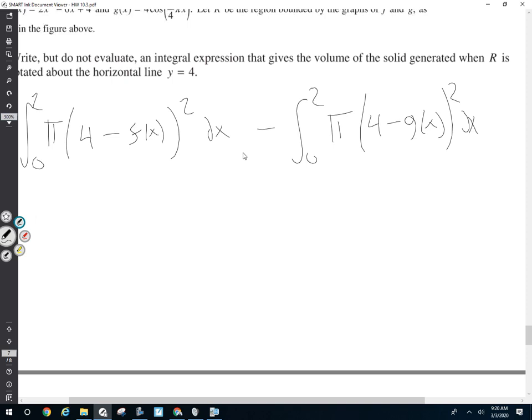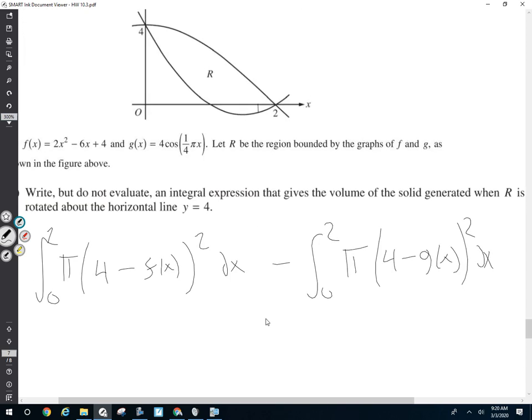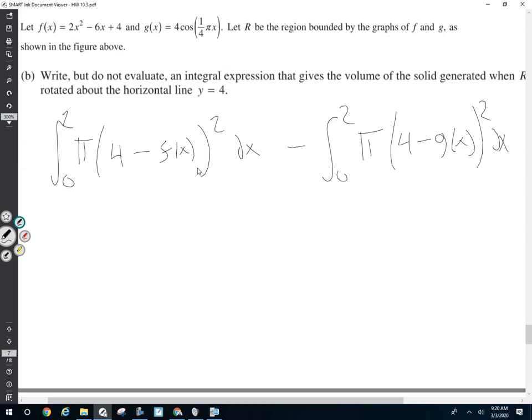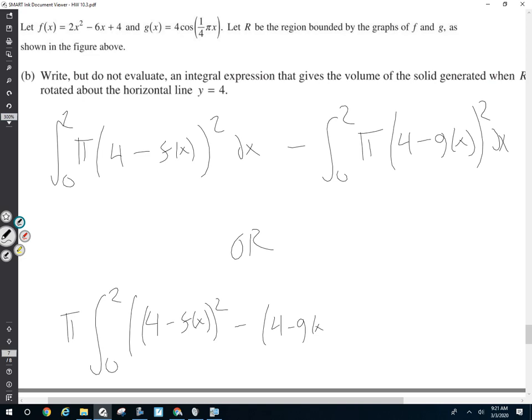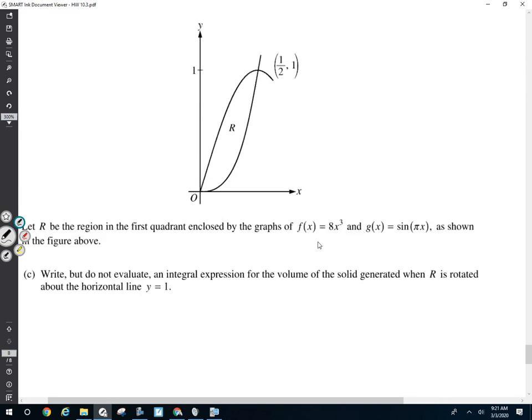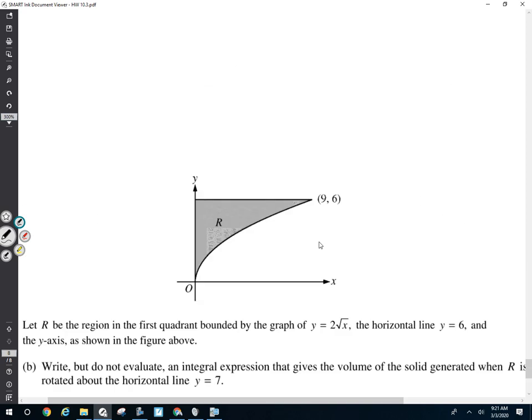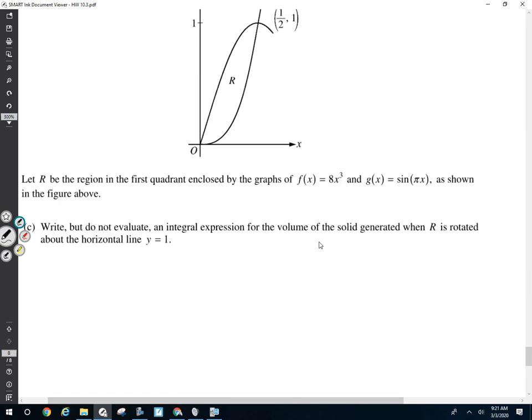If you don't know where this comes from, draw the picture, obviously. Obviously, you can factor out the pi. Outside r's squared minus our inside r's, our hole's r's squared.